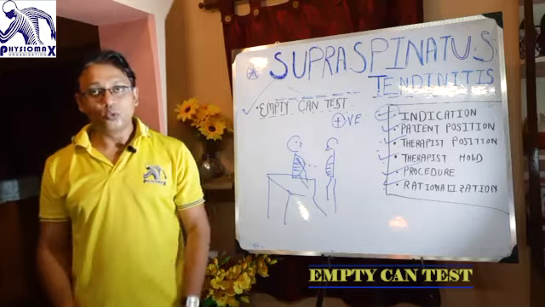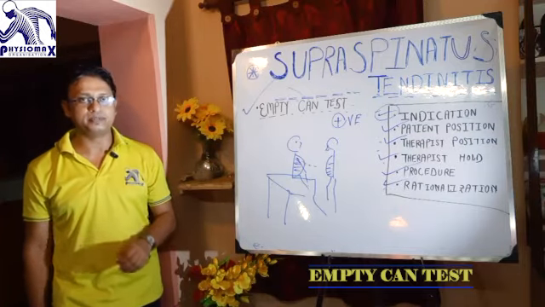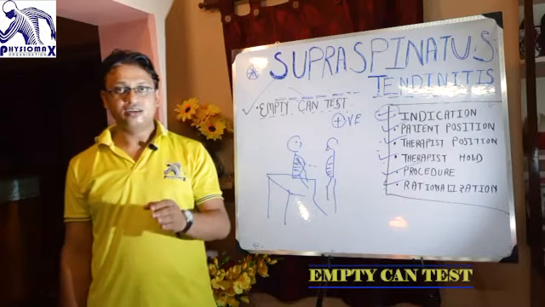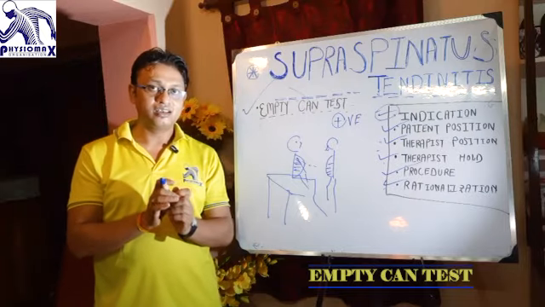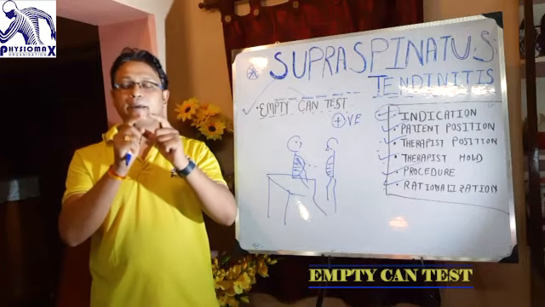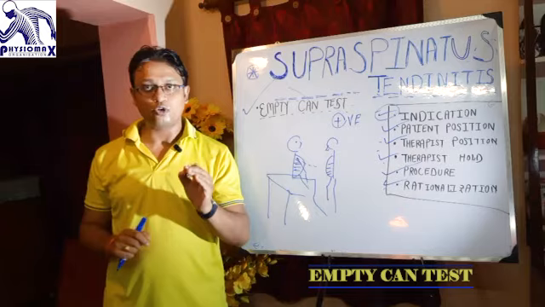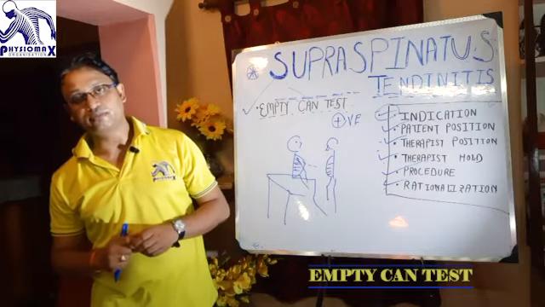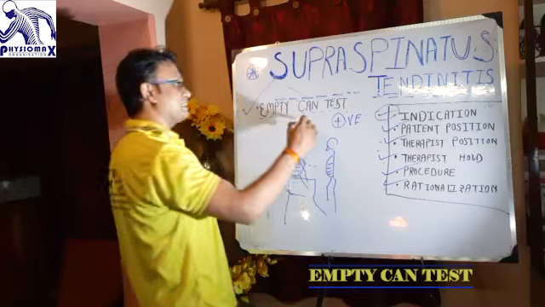And during this horizontal abduction, there is a very minimal amount of subacromial space, so if there is a tendinopathy or tendinitis, there is a huge chance of impingement or compression between the acromion and the bony prominence of the head of the humerus, and that provokes the pain, which denotes the test is positive.